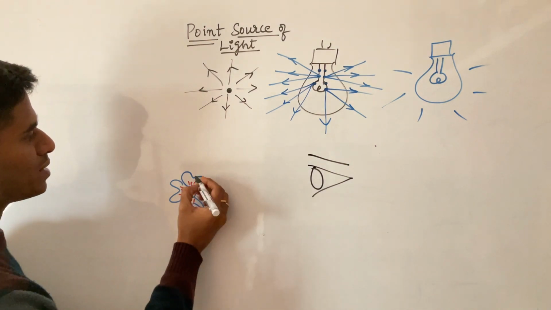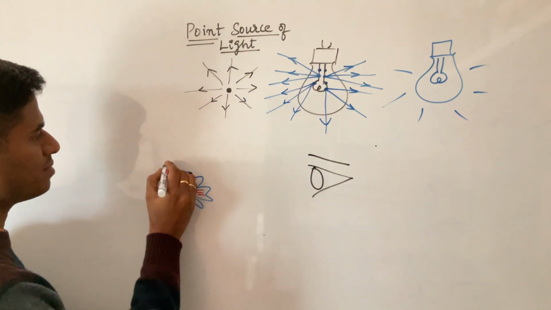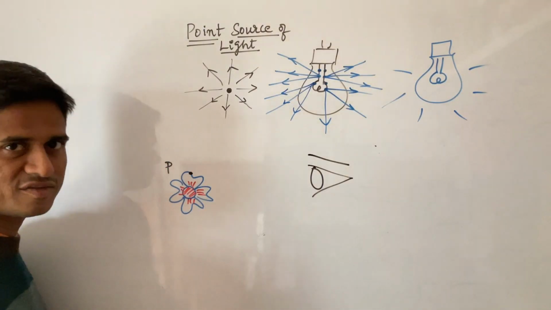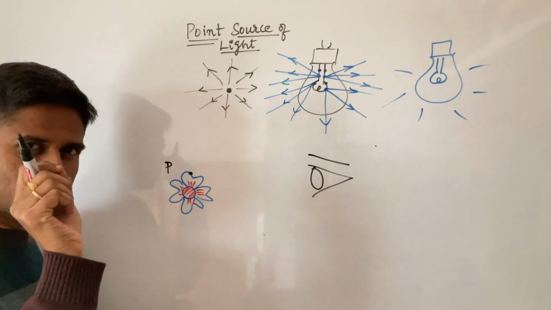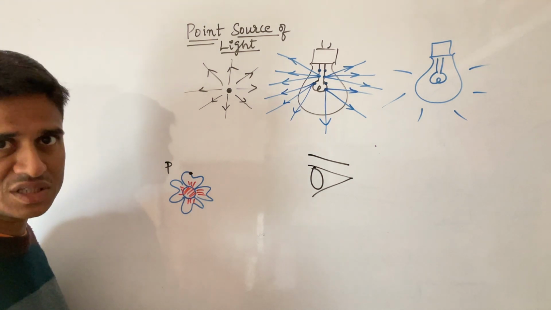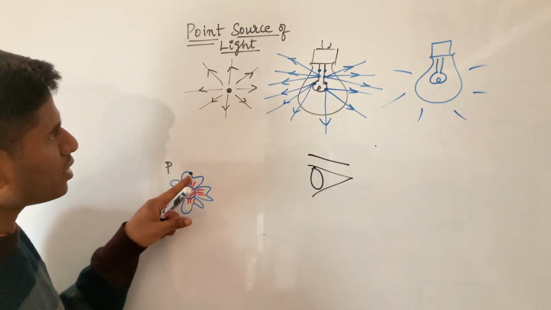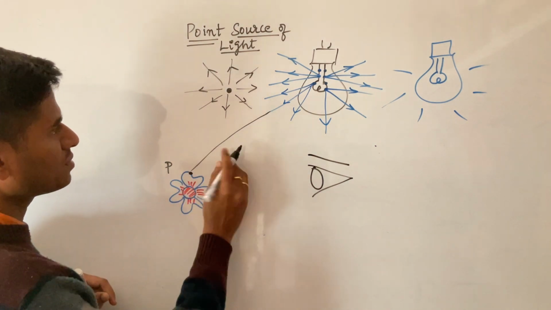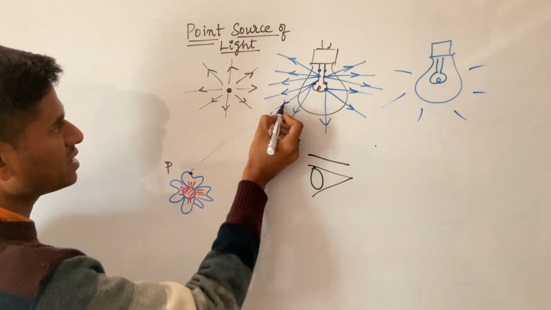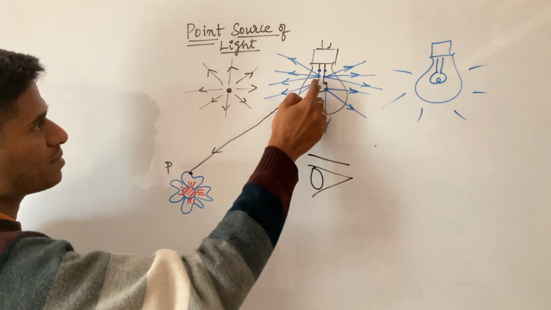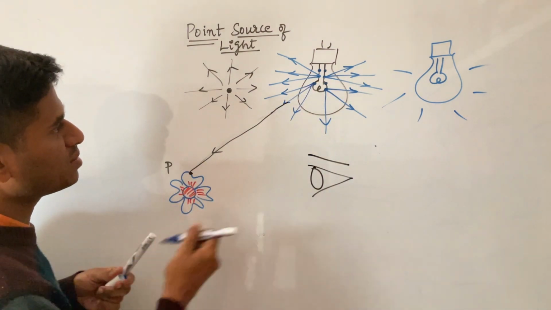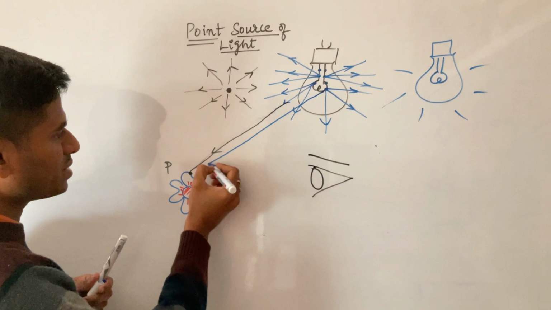Let us focus on one particular point, say P, a particular point on the flower. One small part of the flower, I am just trying to focus. Now this particular point receives multiple rays. From this particular point, light rays are coming. Similarly, from here also, I am taking two rays.